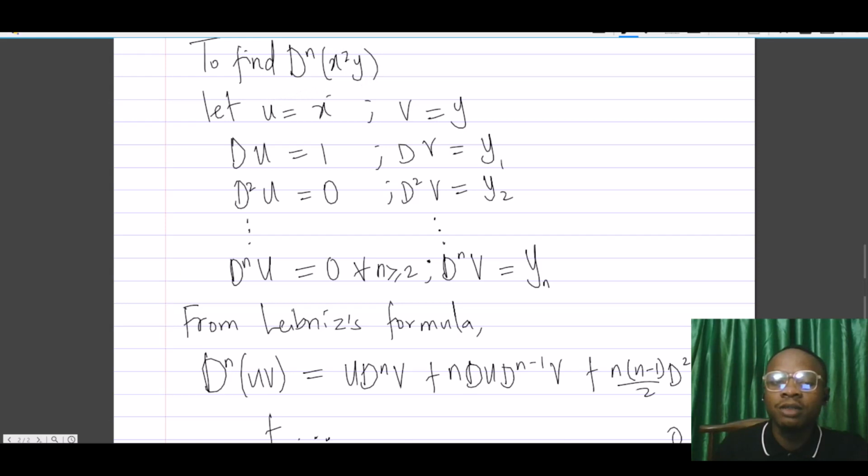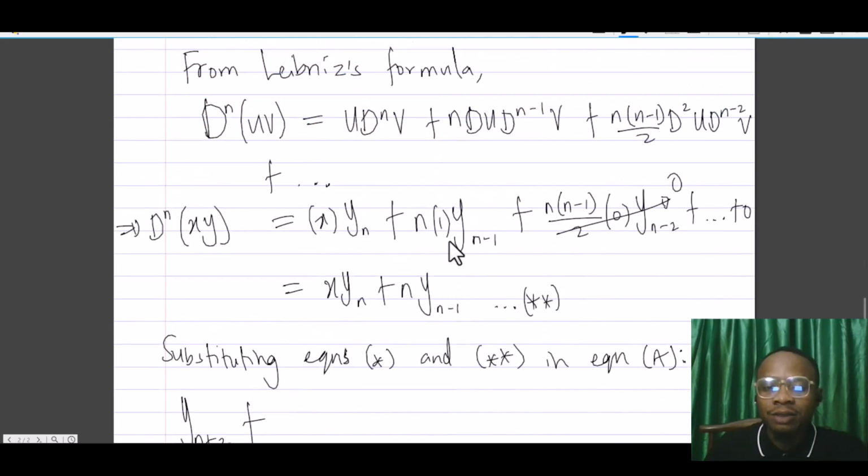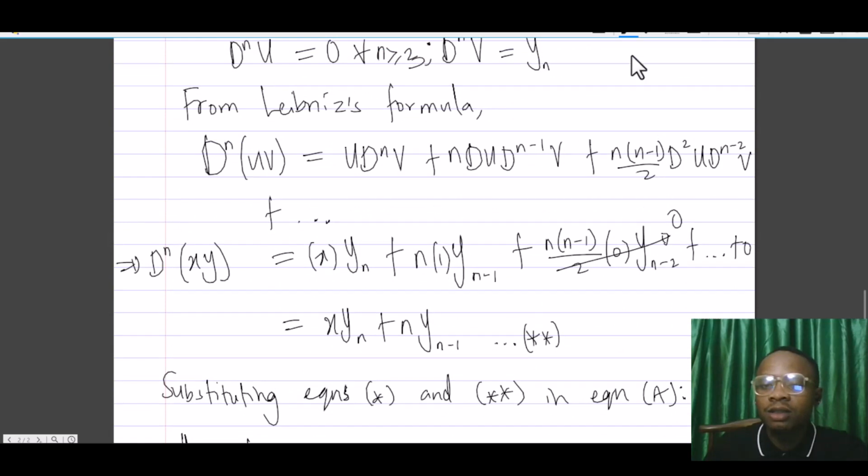So this is meant to be x squared. So this will be 2x. Then the next one will be 2. So it is the third one, the third derivative of u, that will be equal to 0. Alright, so of course this will still be this, but then it will be from 3 upward. Okay, so let's correct that here as well. We know that this shouldn't be 0 yet, so let's put that right here.